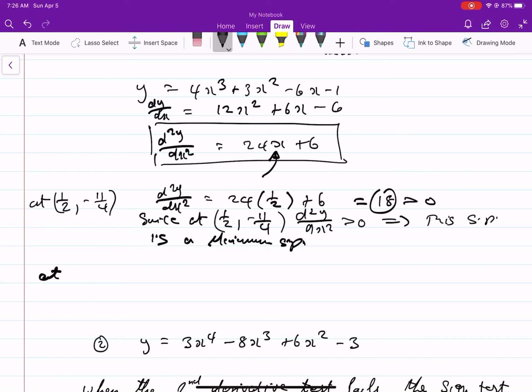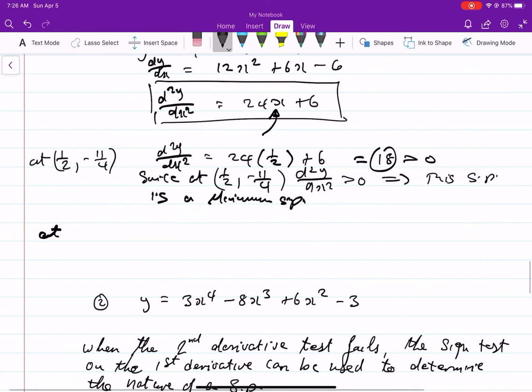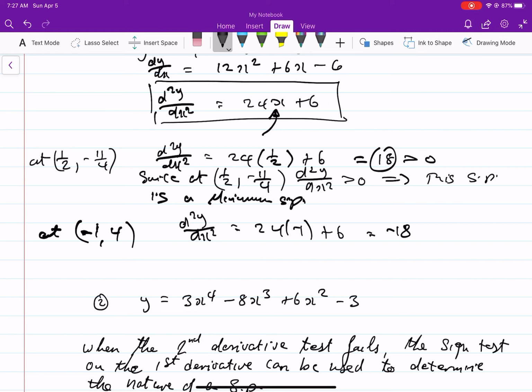Let's check the other one. At minus 1, 4, d squared y upon dx squared is equal to 24 times minus 1 plus 6. That's minus 18. That number is less than 0.